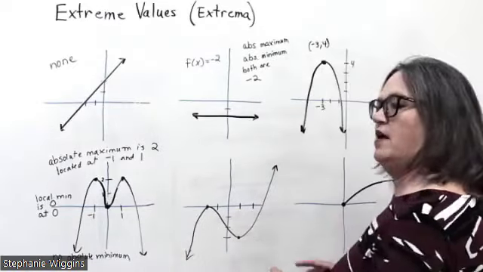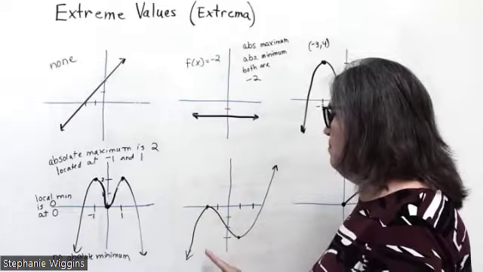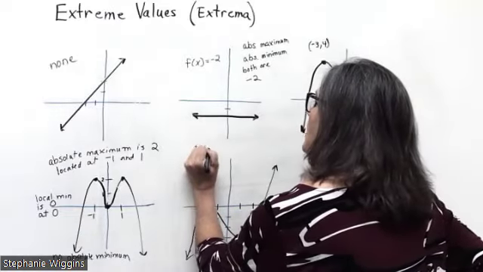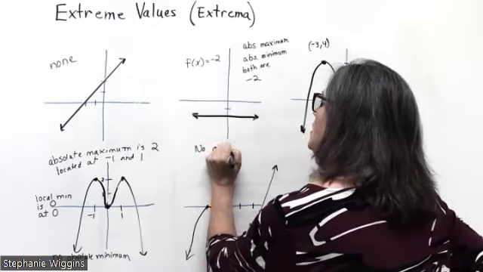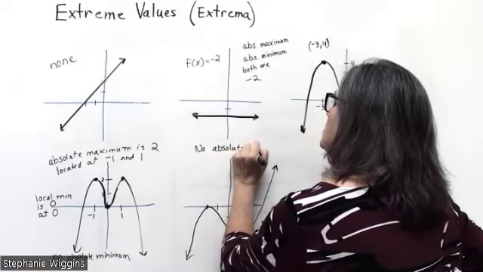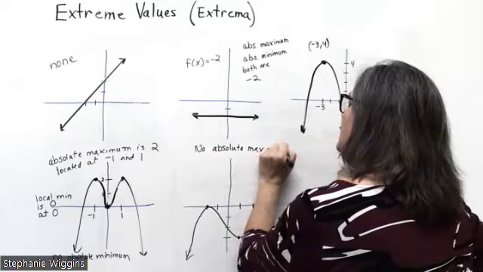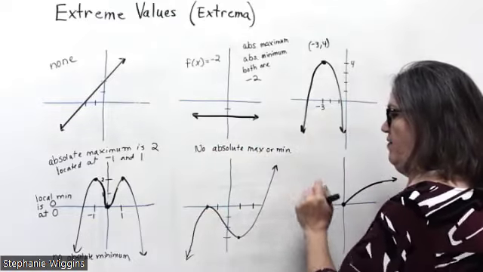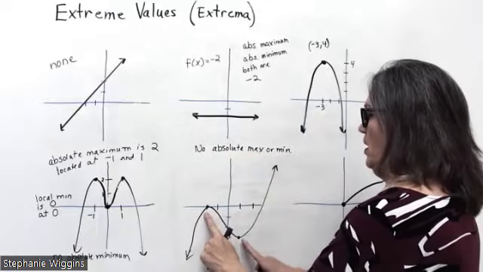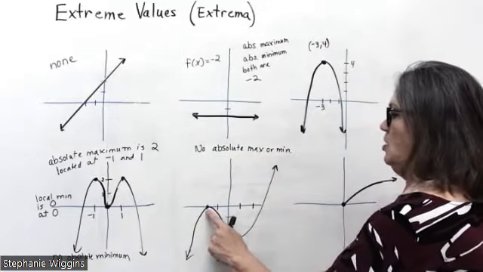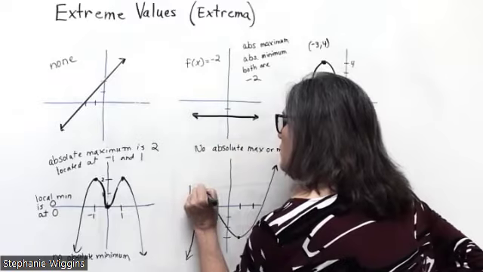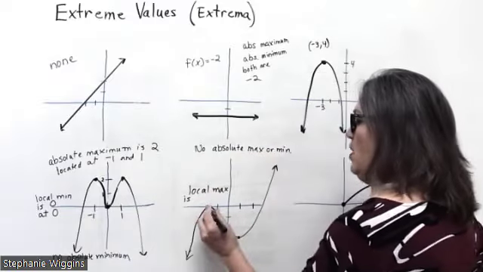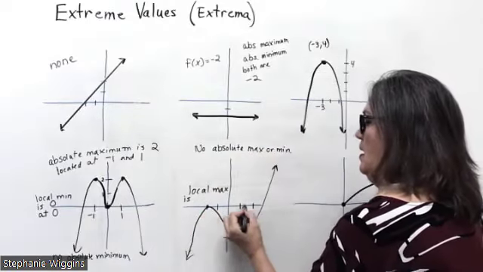All right, looking here, we have no absolute max or min, because the function goes down forever and up forever, but here we have two local extreme values. This is the local maximum here. The local max is 0 because it's sitting on the x-axis.